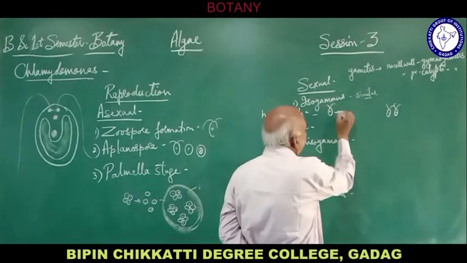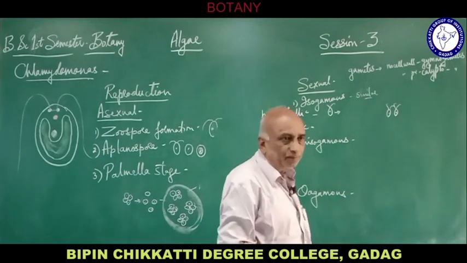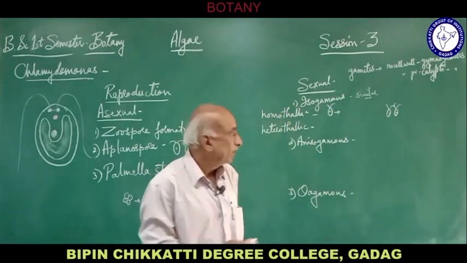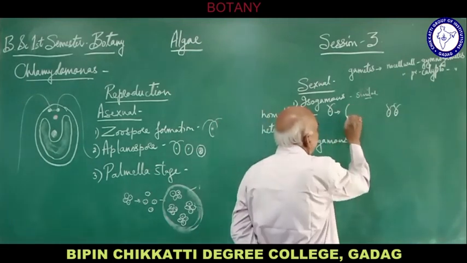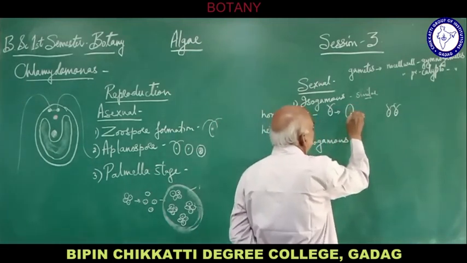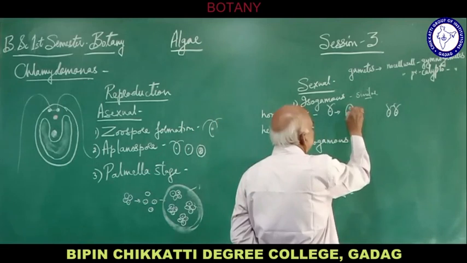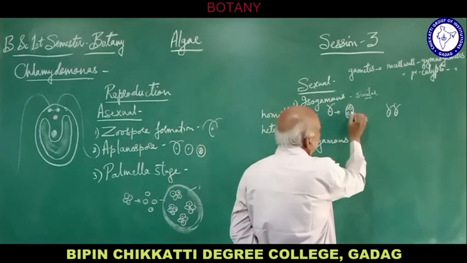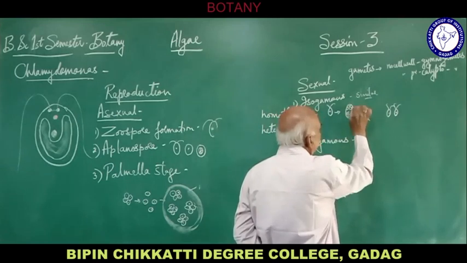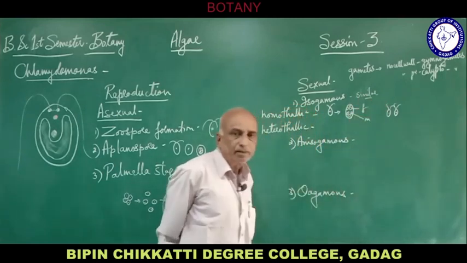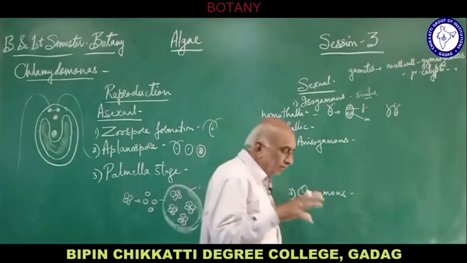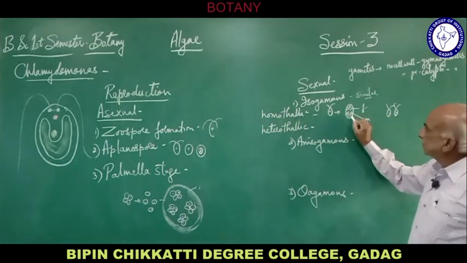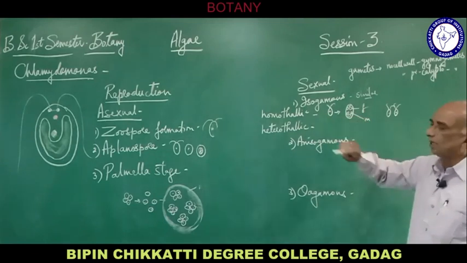This cell divides to form 2, 4, 8 or 16 cells inside. These cells now form gametes. Some of them are male gametes and some of them are female. So the gametes are produced from the same cell. When they are produced from the same cell, it is called homothallic.